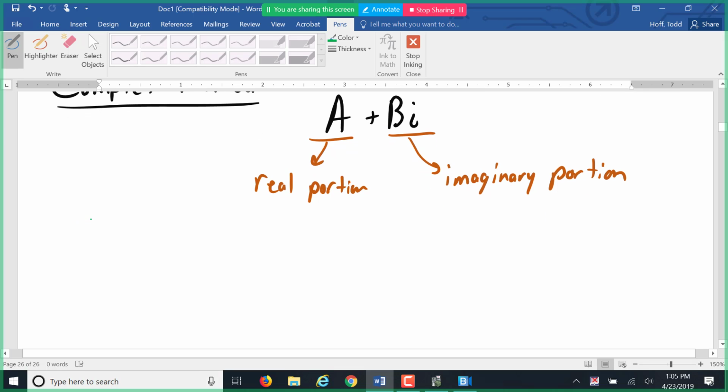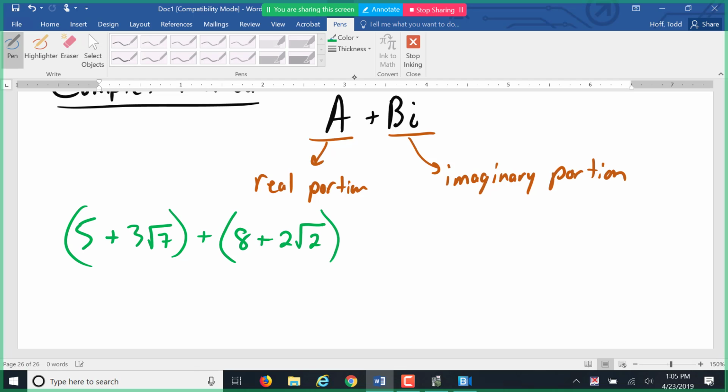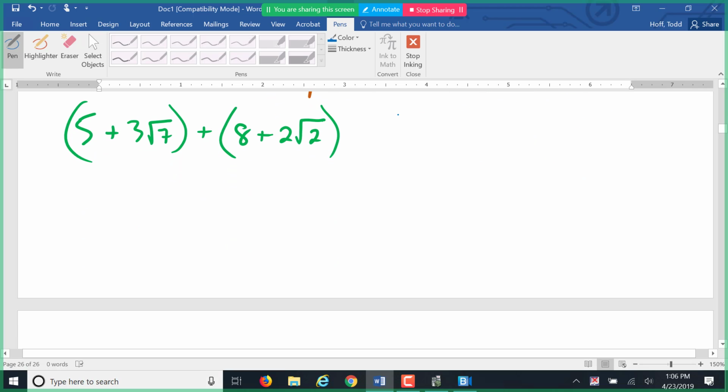If I had 5 plus 3 square roots of 7, and I want to add that to 8 plus 2 square roots of 7. In my radical numbers, remember I can only combine things with the same name.